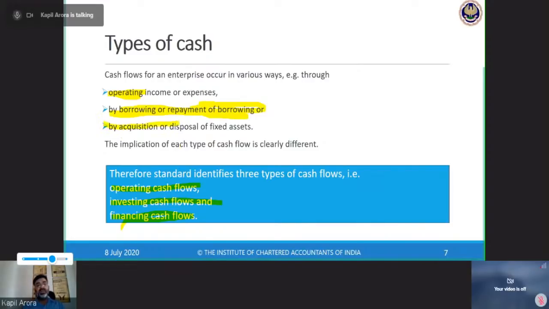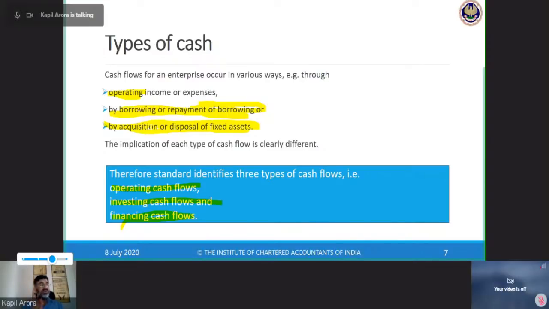By acquisition or disposal of fixed assets, anything happening on the non-current asset side, which is my investments, my investment in shares, my investment in assets, let's say factory, land, building, will always come under cash from investing activities.